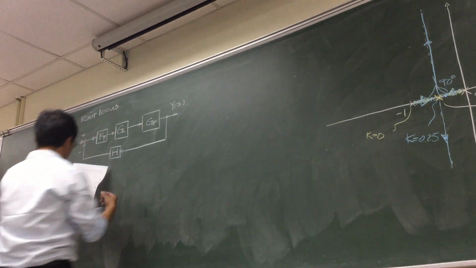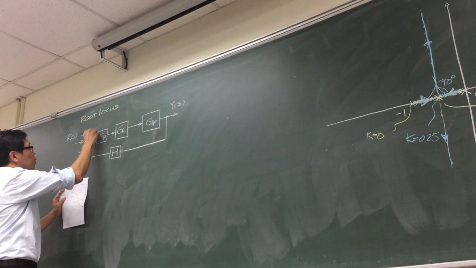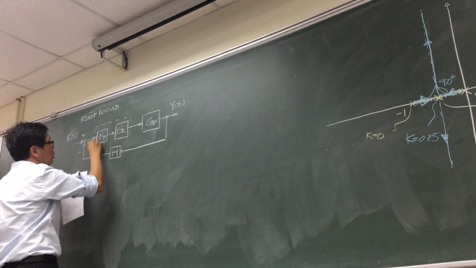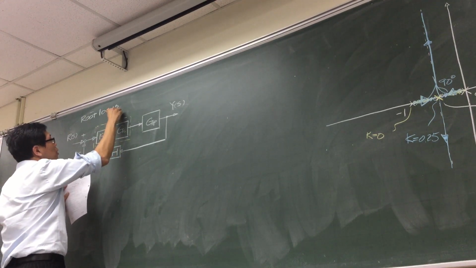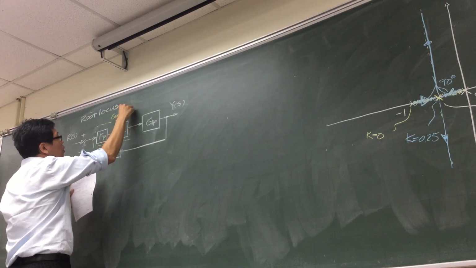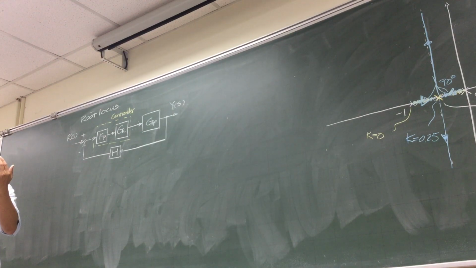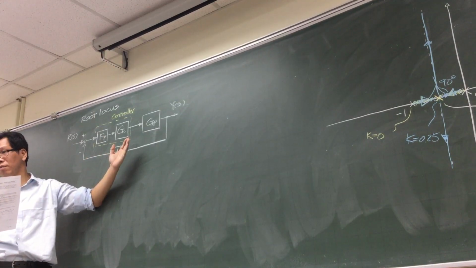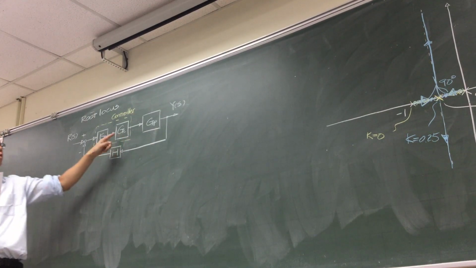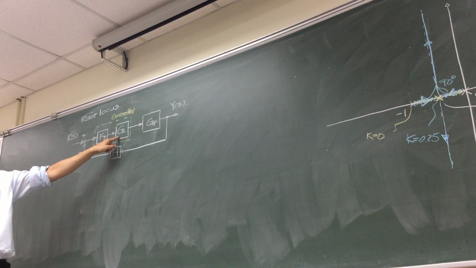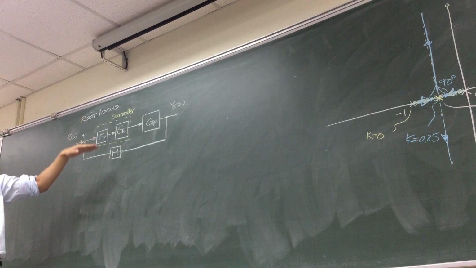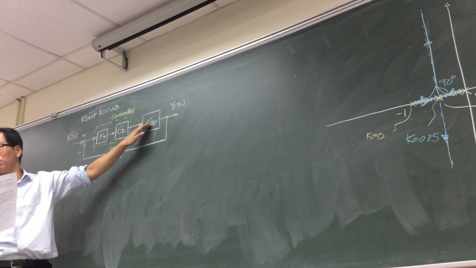So it means that, of course, this is my controller. When you are dealing with those kinds of things, you need to separate the variable you are interested in, which is the gain of the system, away from the overall system. So if you have something like s plus 1, s squared plus something or anything, you need to combine it together with the transfer function over here as your plant.